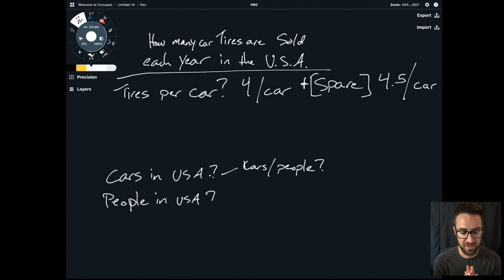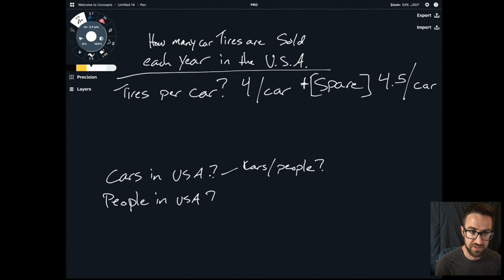But here's another element. That's tires on the road today. We want to know how many are sold each year. Okay, and that could be sold with a car or sold individually, because they are going out into the consumer world.